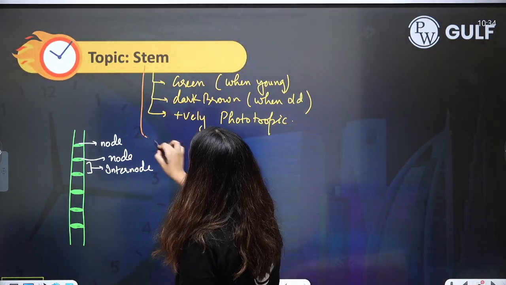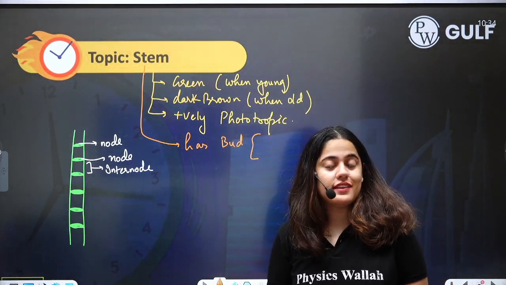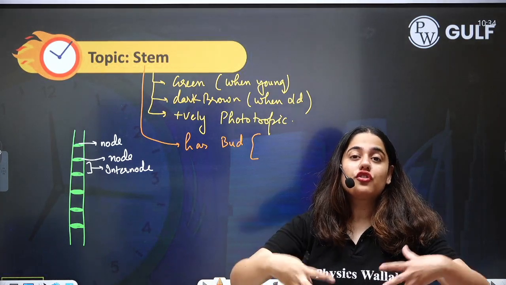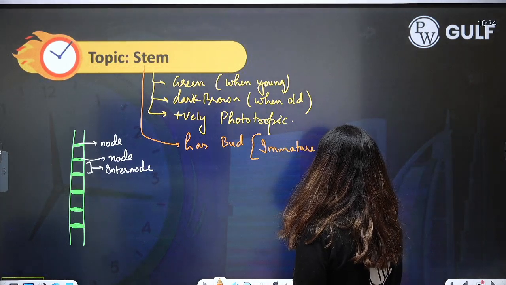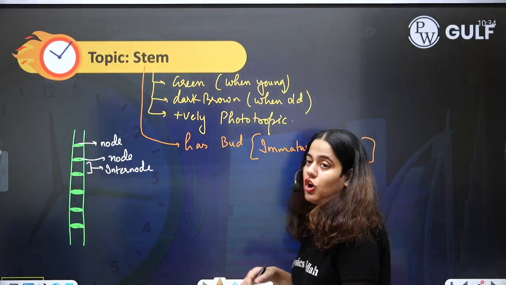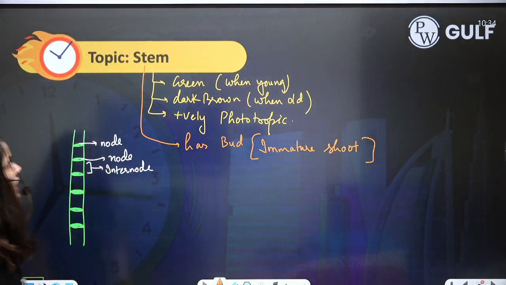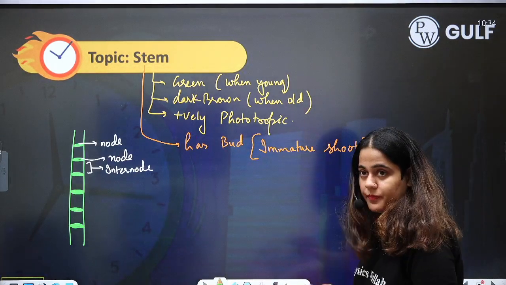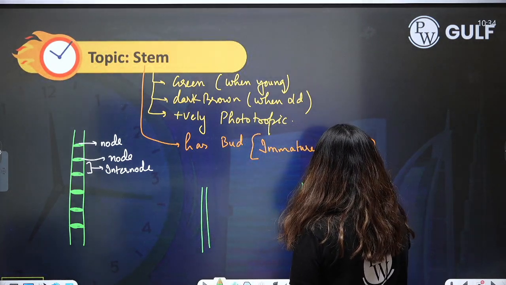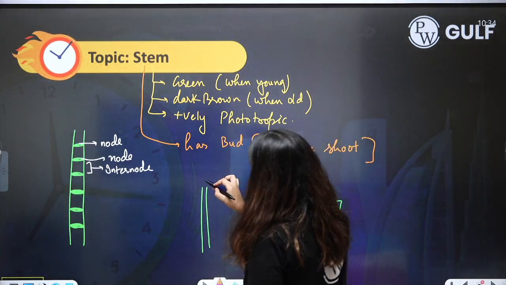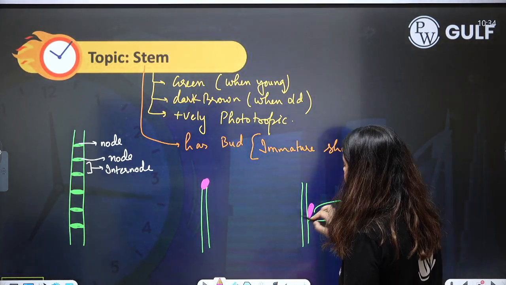Stem also has bud. What is bud? Bud is an immature shoot that will develop into branch or shoot or flower. So bud is nothing but an immature shoot, right? On getting the opportunity, this bud can sprout and give rise to a new structure. There are two types of bud you can see in stem: the bud at the tip of the stem and the bud between leaf and stem.